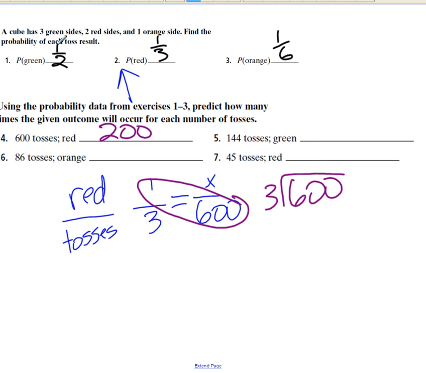If you look at the next one, this time we're looking at green. So our key would look like the number of green. What is our ratio for green? Not 1/5, 1/2.